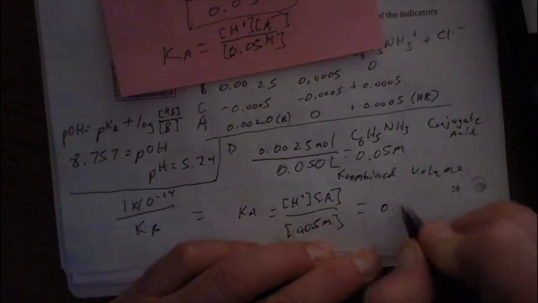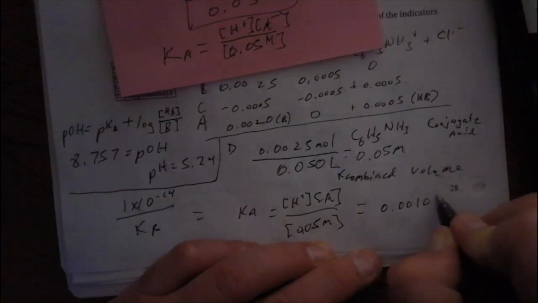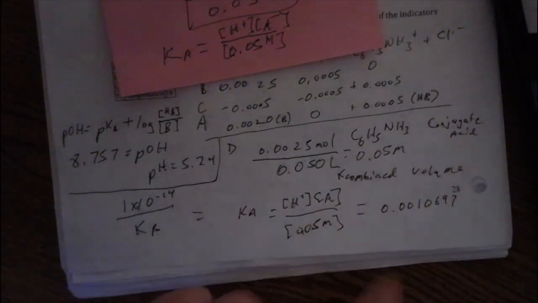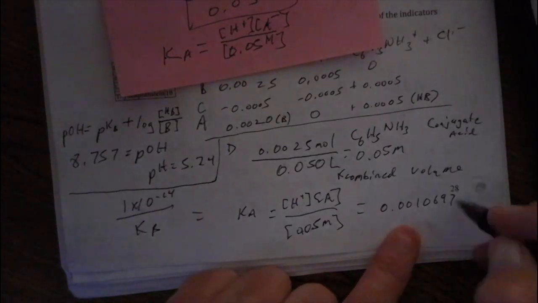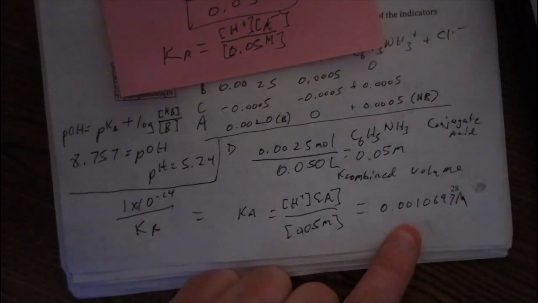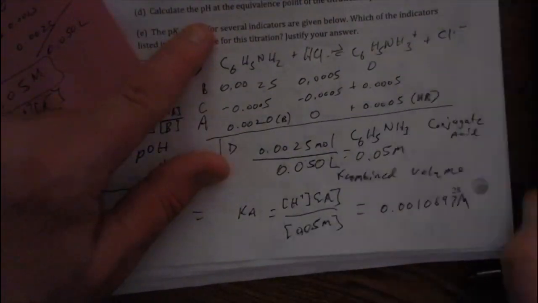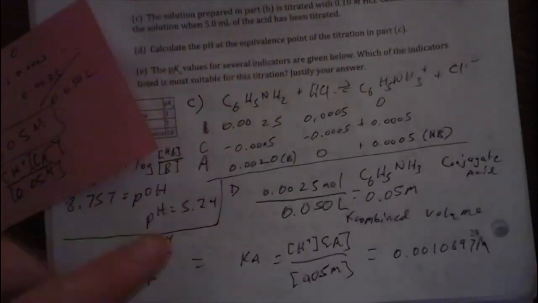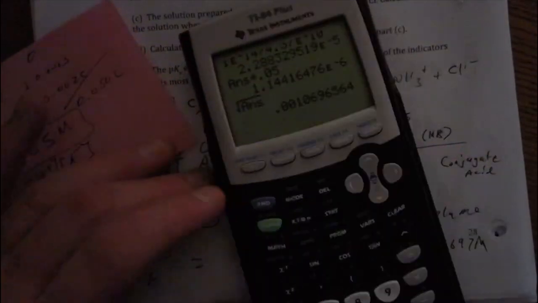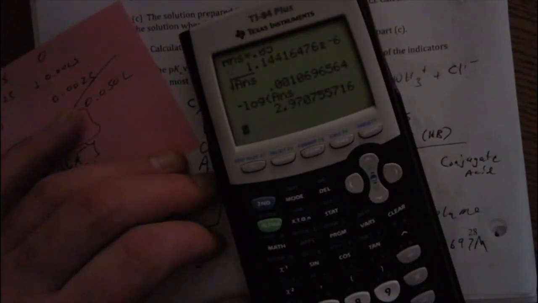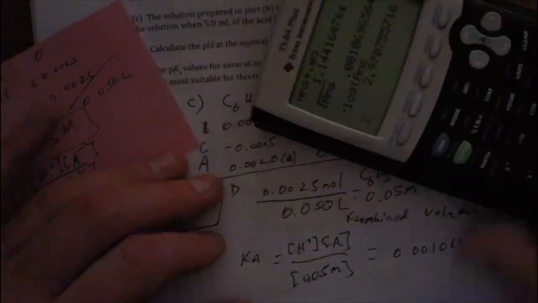And I get 0.001067. This is the hydrogen ion concentration. How do I find the pH from that? Because that's all they wanted from this, is the pH. What do we do? Negative log. I get 2.97.